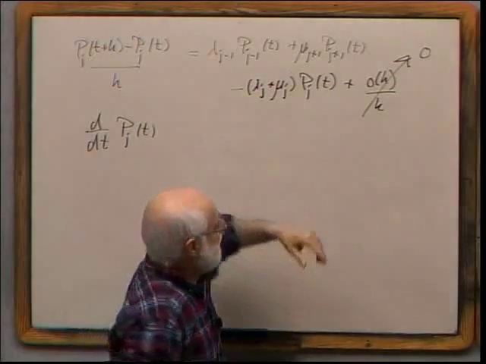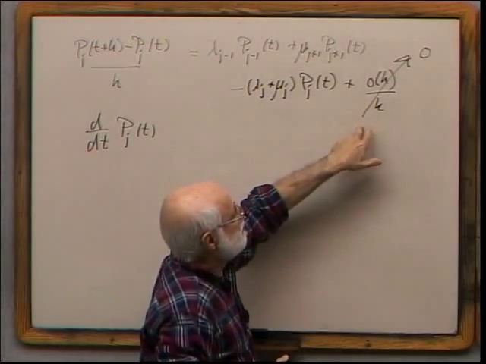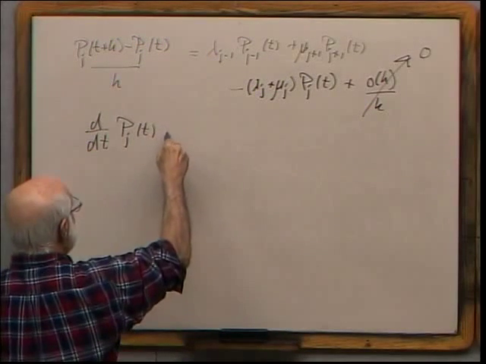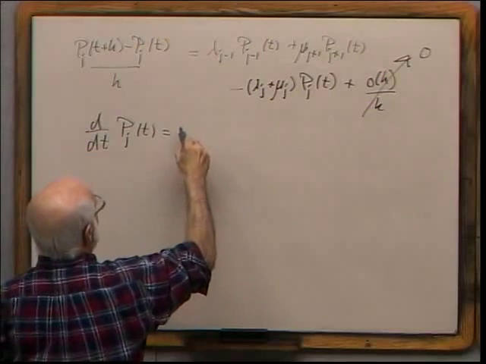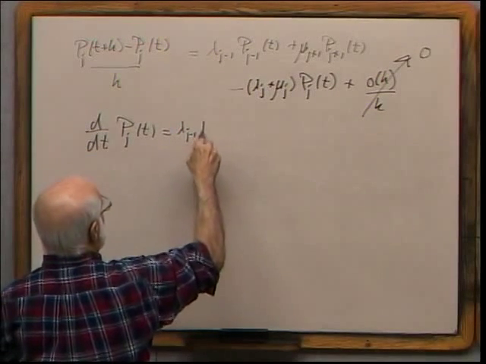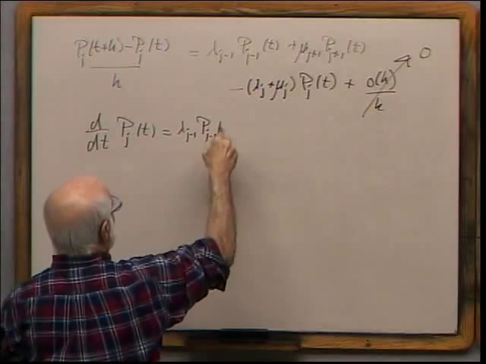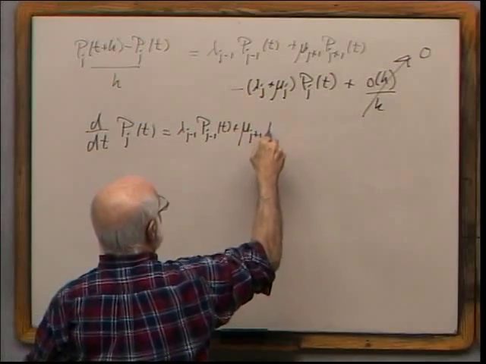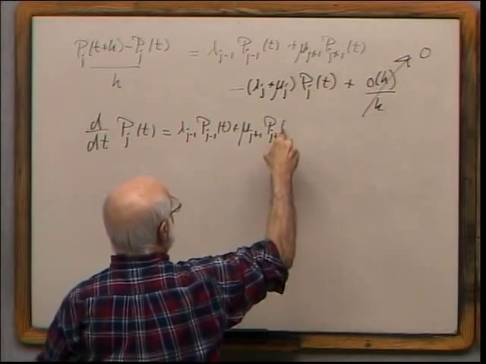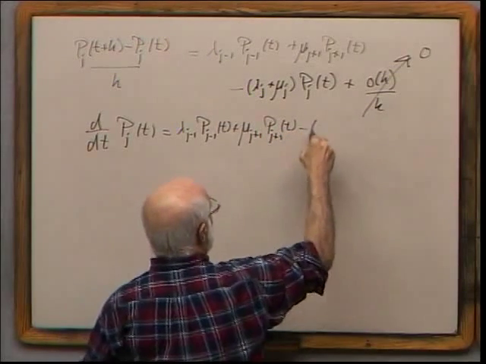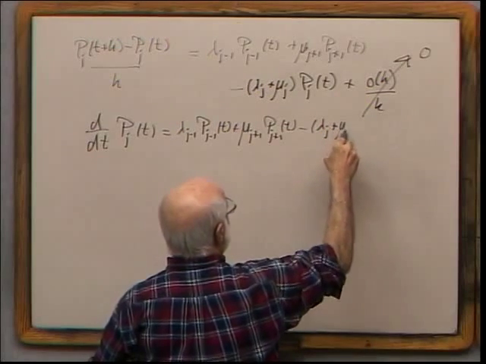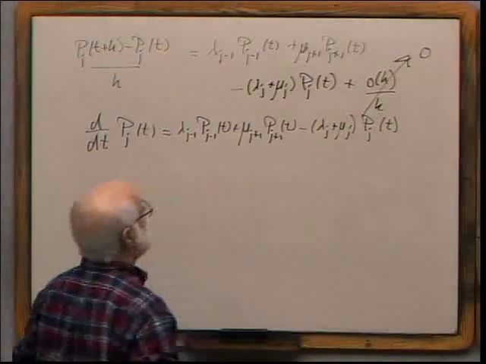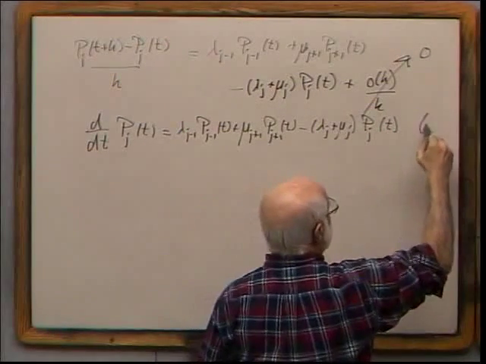But right now, I'm just making that assumption because that's what I have to assume in order to make this thing work. So that gives us this derivative is equal to lambda sub j minus 1 p sub j minus 1 of t plus mu sub j plus 1 p sub j plus 1 of t minus lambda j plus mu j pj of t. And these are equations 2.3 in the textbook.